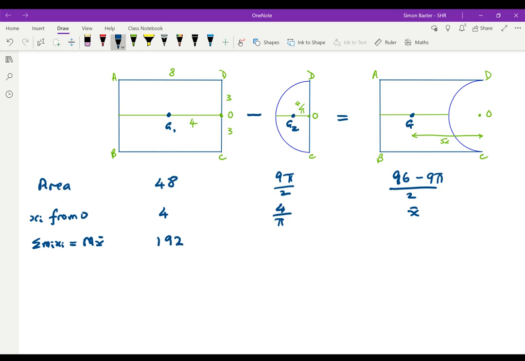Now this time we're going to subtract mi xi. If we look at that, 9 pi over 2 times 4 over pi, the pi's cancel. 9 times 4 is 36 over 2 is 18. And that equals 96 minus 9 pi over 2 times x bar.